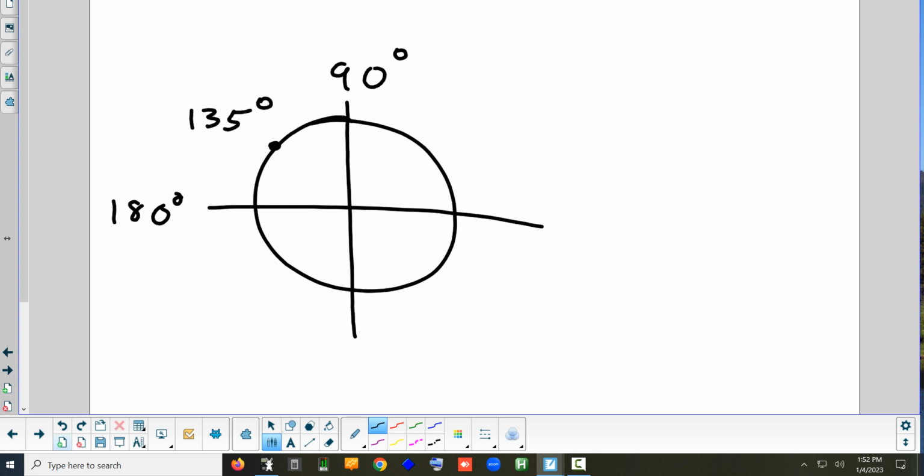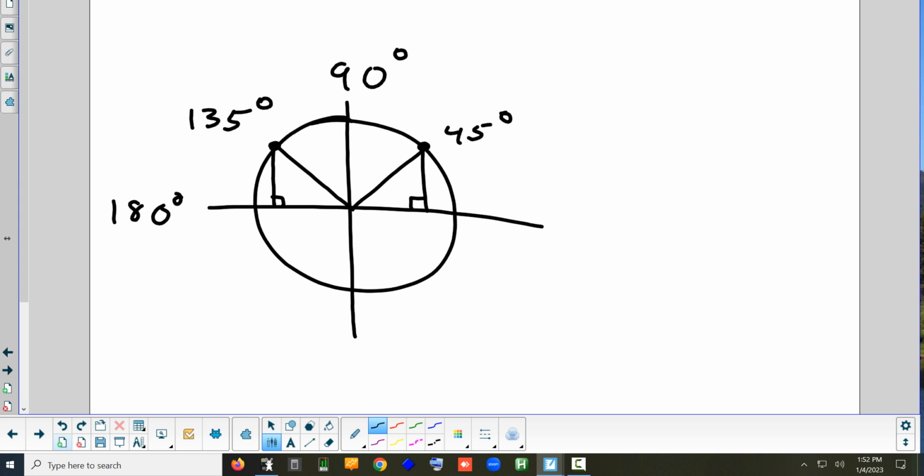If I draw my triangle like that and like that, how does that triangle compare to this one? Yep. It's just reflected over the axis.